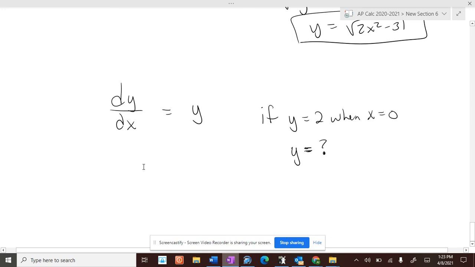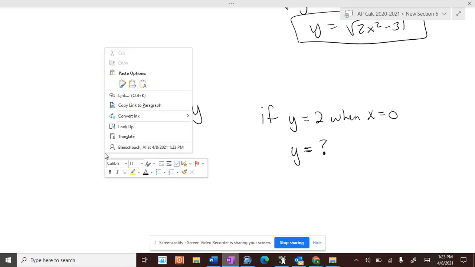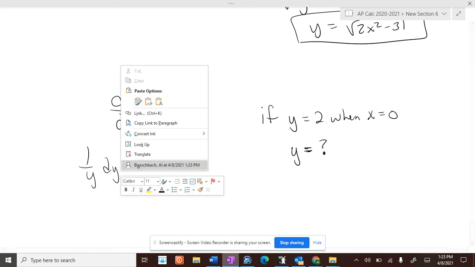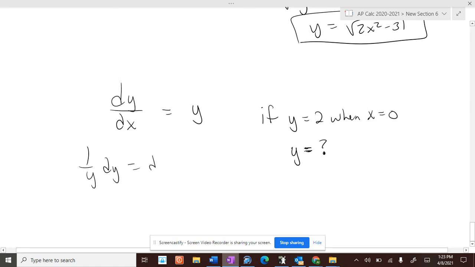All right. So if dy/dx equals y, and if y equals 2 and x equals 0, what does y equal? You have the dx and dy over. 1 over y dy equals dx.